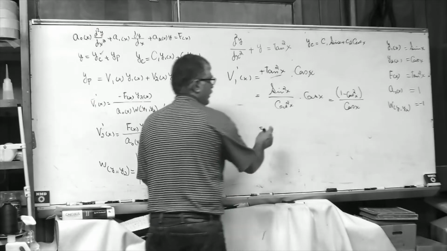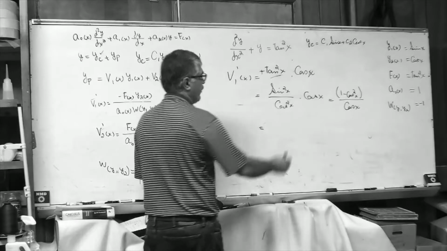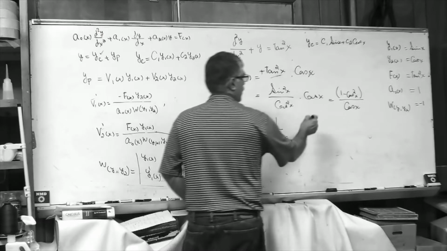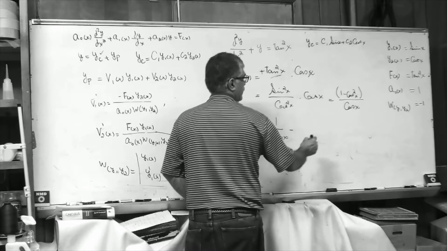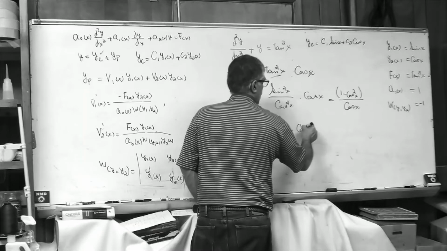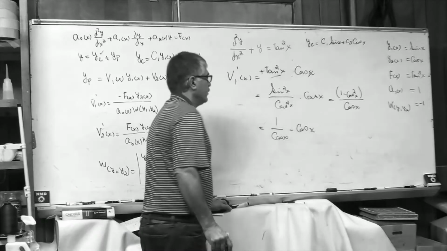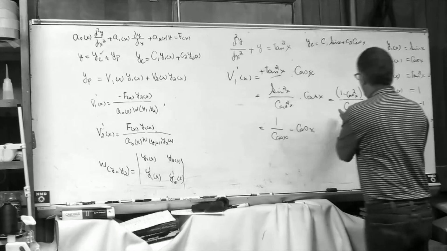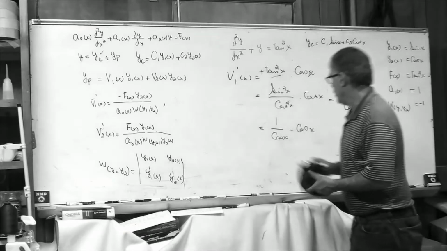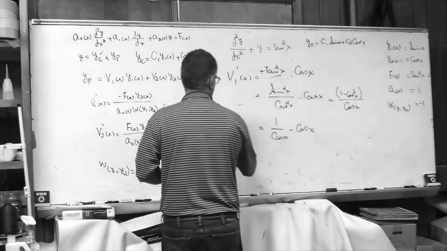Now we can simplify this further, and we can write this as 1 over cosine of x minus cosine of x. So we can write this in that form. Now, this is our v1 prime.